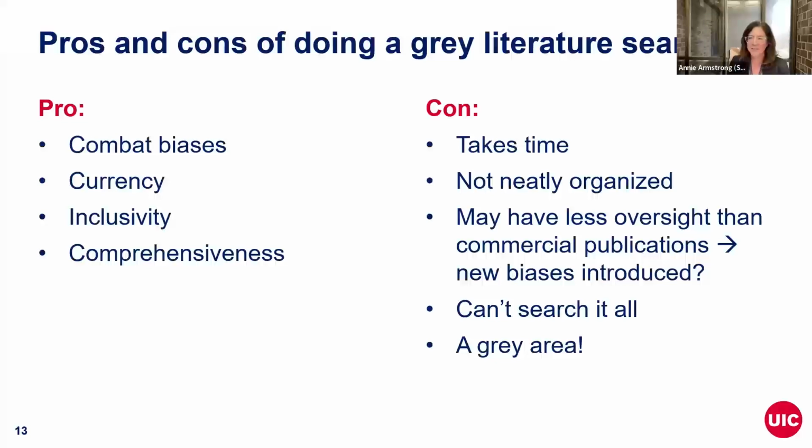So that is an element of including gray literature, and that is a rationale for adhering to your inclusion guidelines in evaluating which gray literature to include. Currency, so you can draw from a more current pool of evidence from a broader range of stakeholders, and ultimately have a more comprehensive data set.